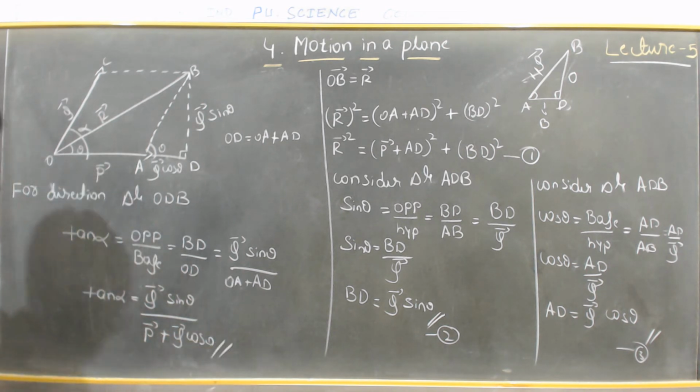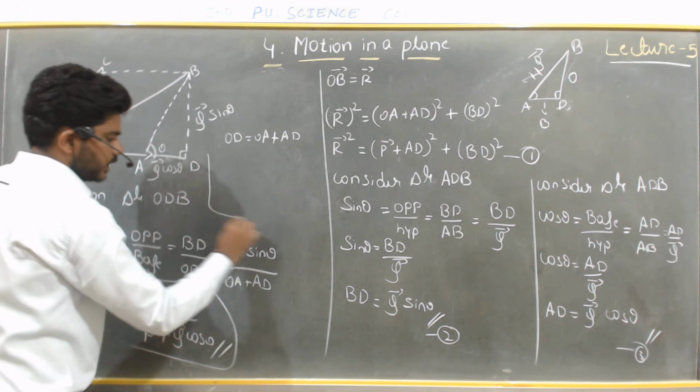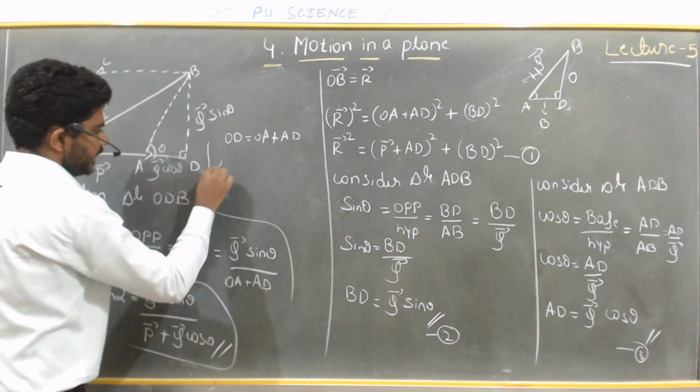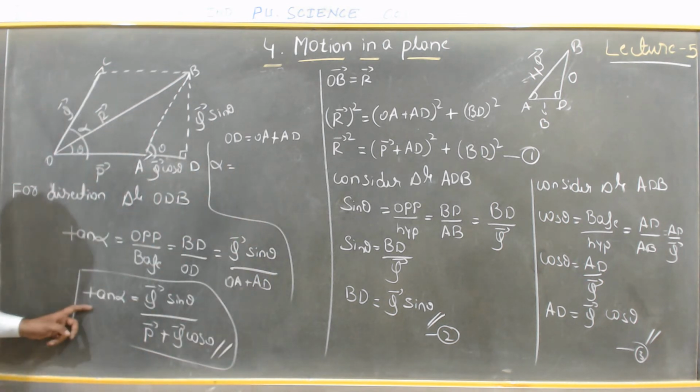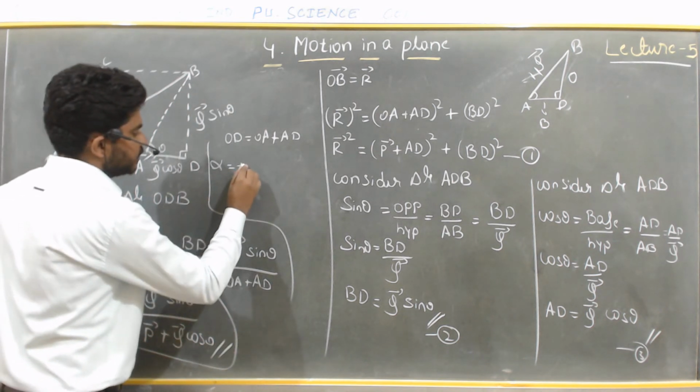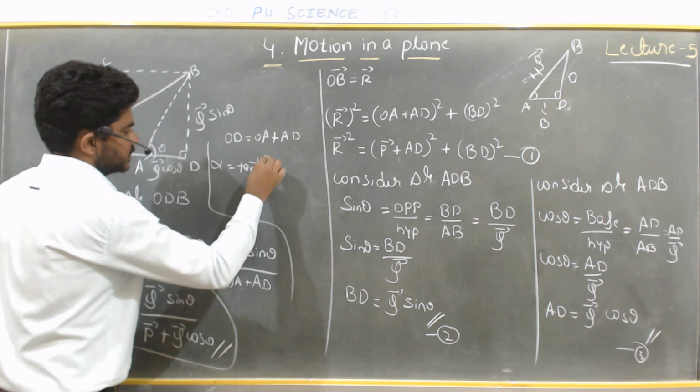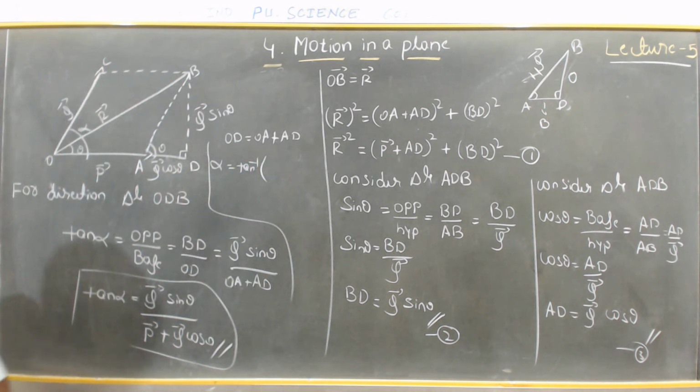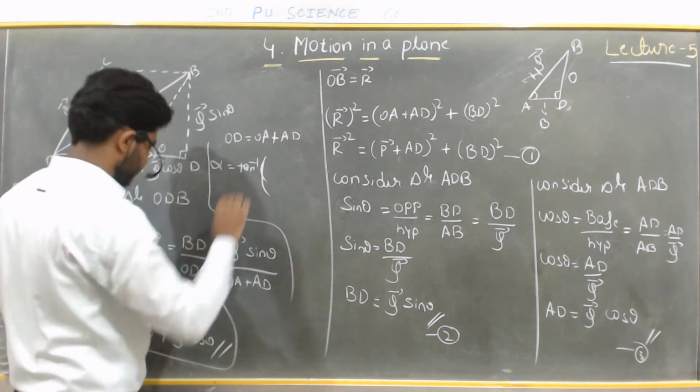So this is the magnitude direction. Or simply we can also write alpha by shifting tan to the RHS side. It will become the inverse function, tan inverse, and whatever is there we have to write here.